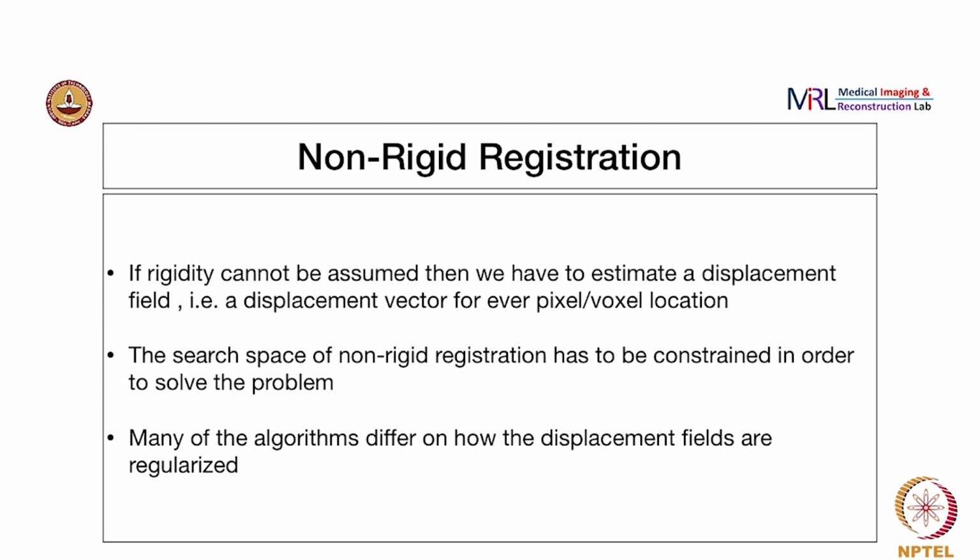In many problems, the loss function is regularized so as to obtain a displacement field which is already smooth and constrained. In some cases, because of the way the algorithm is done, once you estimate the displacement fields, you can regularize them. So we're going to look at two different methods which do that, as I just described, in this week.